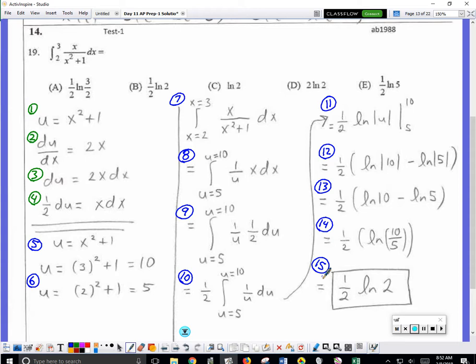So if you don't have this on a flashcard in your flashcard deck, I would add that. It's not something that shows up all the time, but it does show up enough that you'll want to know it.